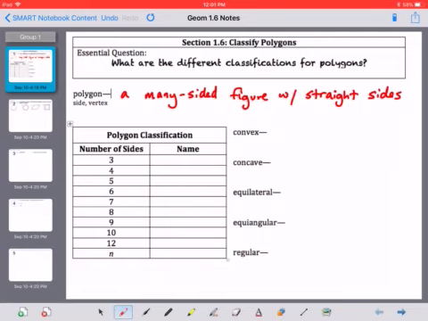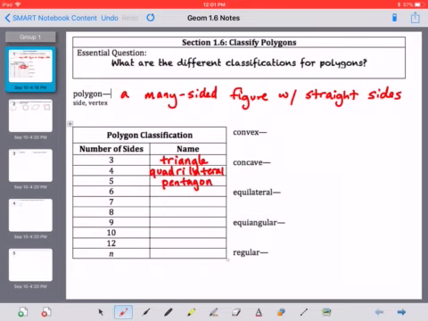If a polygon has 3 sides, we call that a triangle. 4 sides is a quadrilateral. 5 sides is a pentagon, like the government building.